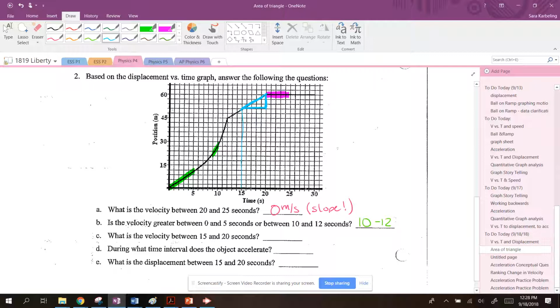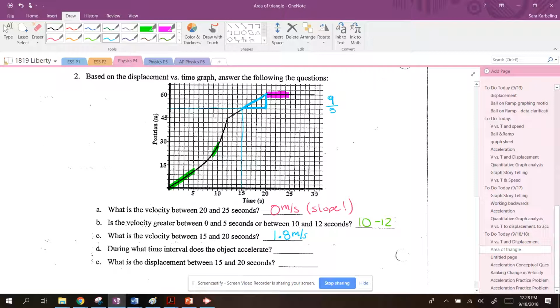It goes up by threes, 48, 49, 50, so that's 51 to 60. So that's up 9 while it goes over 5, 9/5, so like 1.8. Oops, not squared, just plain old.